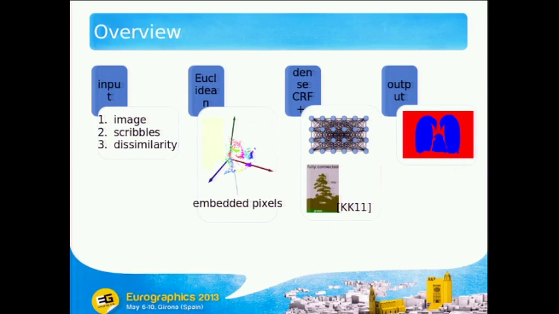And then we do this embedding. Every point in this embedding is a pixel in the input. So just like we did the embedding of the 3 cities in 2D, here we are embedding every single pixel after it's been affected by the scribbles in 3D.